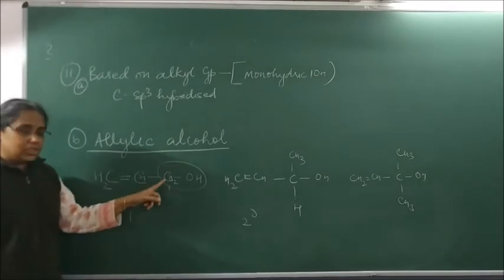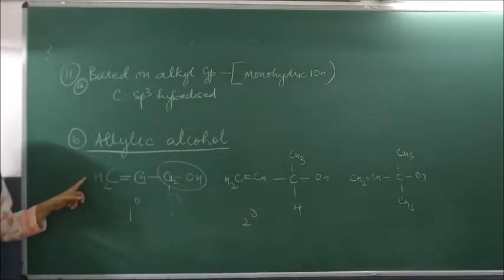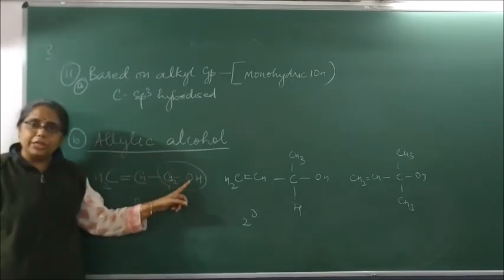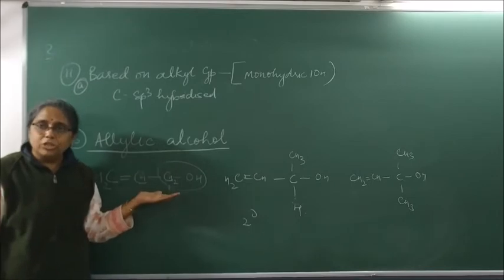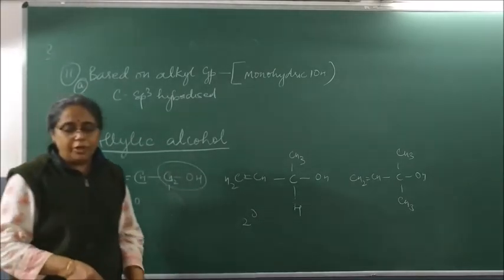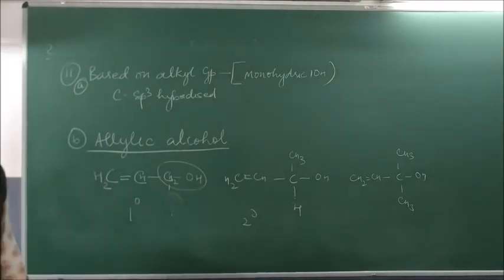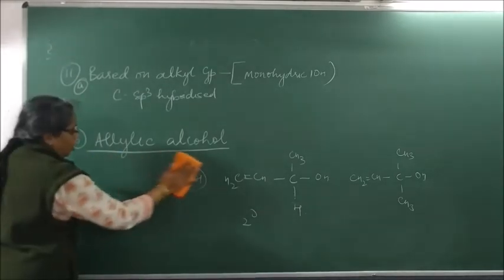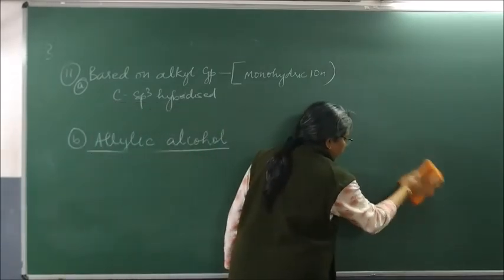A carbon which is sp3 hybridized, which is attached to an sp2 carbon. But the functional group is attached to what carbon? An sp3 hybridized carbon. So this is our second classification of aliphatic alcohol. Now we will talk about benzylic alcohol. The third one we will talk about is benzylic alcohol.